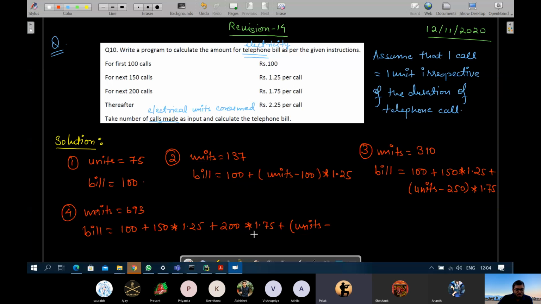How many calls have you already calculated? First 100 calls, next 150, that is 250, and next 200, that is 450. So 450 into 2.25.